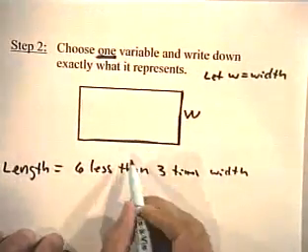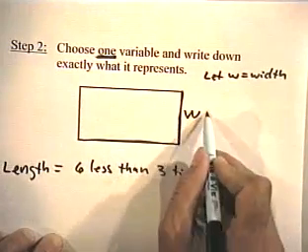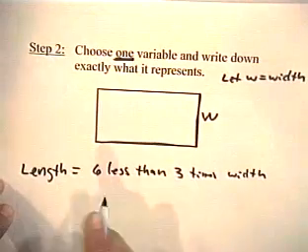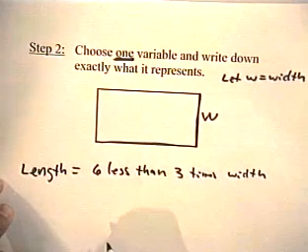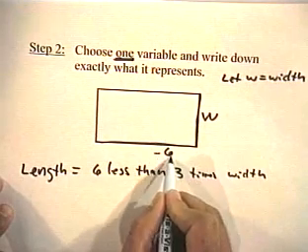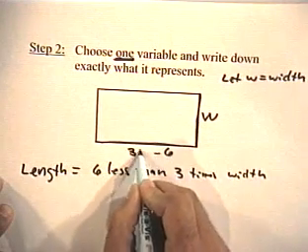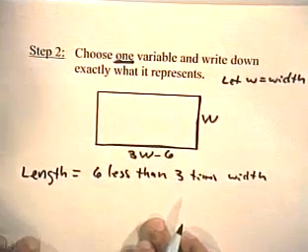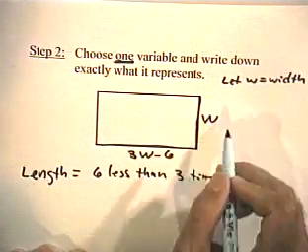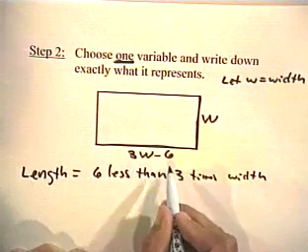Now, how can we represent the length with this variable W? Well, right here it says that my length is 6 less than 3 times the width. So it's 6 less than 3 times the width. My length is also described.